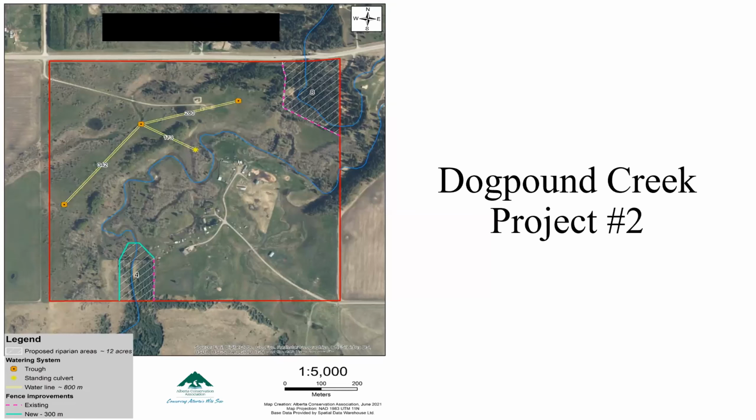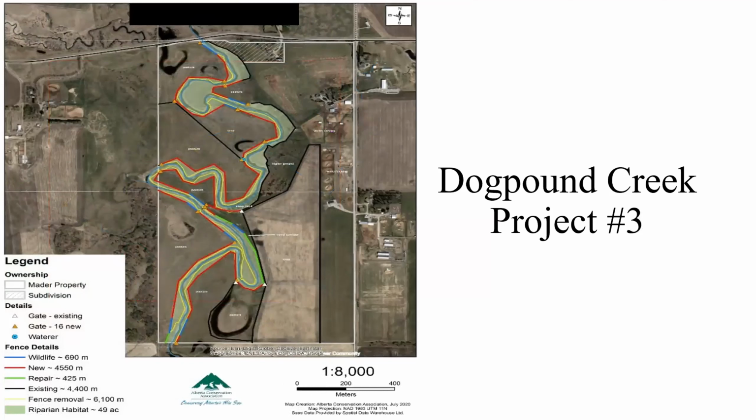The Northern Lights Fly Fishers group has also been involved in these projects. And like the last one, the same partners were involved here. This was an old project from the 1980s, originally a Bucks for Wildlife project, where streambank fencing was done to benefit habitat and protect fish habitat in particular.